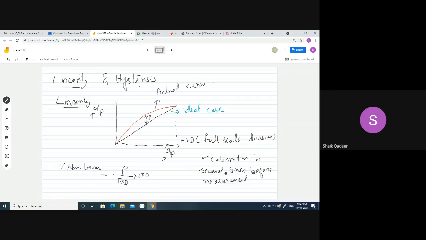Make it off, make it on, set the value, set the zero. He does that work at the start. Anyhow, in our laboratory or in any industry, before starting any measurement with the instrument, several times we check the instrument. The checking of the instrument before actual measurement is called calibration.